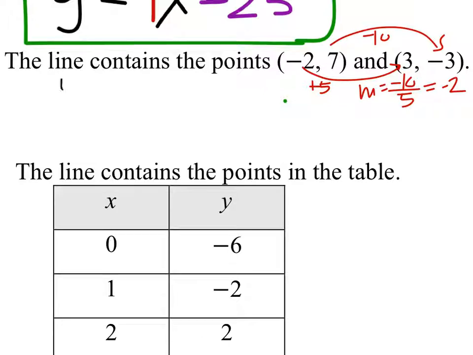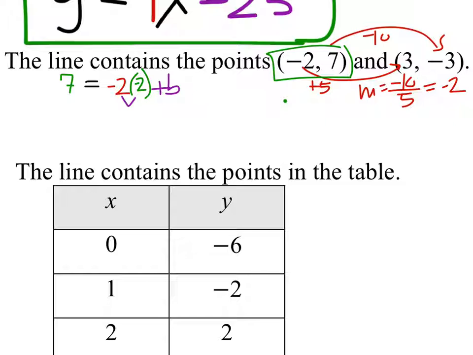So we got y equals the slope, negative 2, times x, plus b. We just have to choose which point we want to use. I'm going to use (-2, 7). So I will replace x with negative 2, and I will replace y with 7.